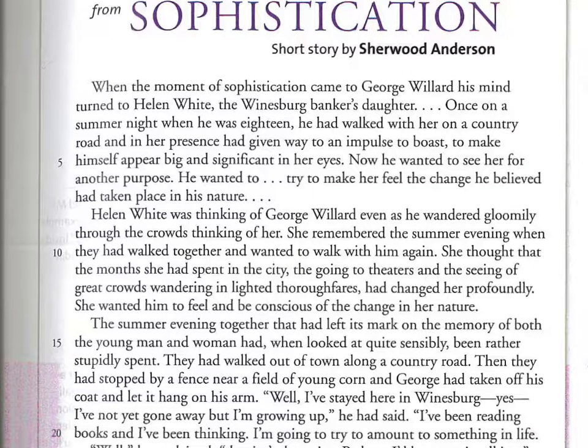Helen White was thinking of George Willard, even as he wandered gloomily through the crowds thinking of her. She remembered this summer evening when they had walked together and wanted to talk with him again. Wanted to walk with him again. She thought that the months she had spent in the city, the going to theaters, the seeing of great crowds wandering in lighted thoroughfares, had changed her profoundly. She wanted him to feel and be conscious of the change in her nature.